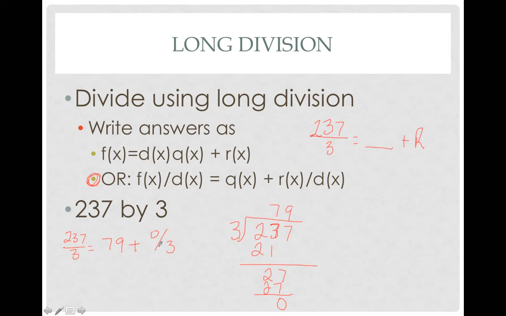Now that's not extremely necessary when we have 0 remainder. Or we could say that 237 is equal to the product of 79 and 3 plus 0 from my remainder. Now again, that's usually not how we write things, but in polynomials, things look a little bit different.